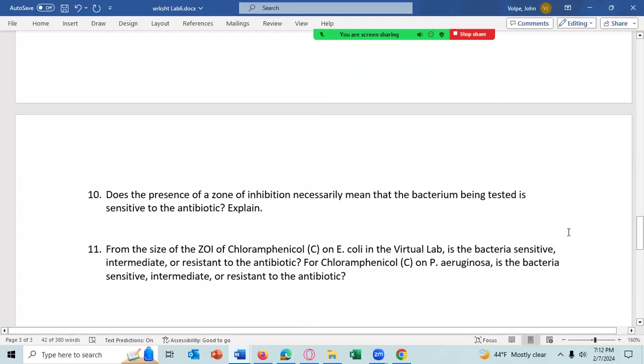10: does the presence of a zone of inhibition necessarily mean that the bacterium being tested is sensitive to the antibiotic? Explain your answer.